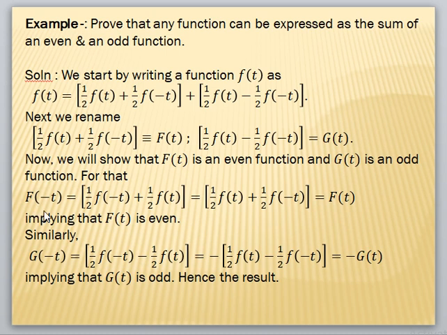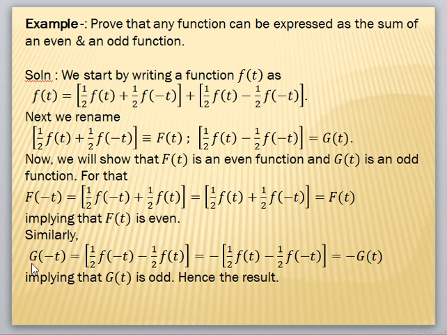Now consider capital G(t). Capital G(-t) is equal to half of f(-t) minus half of f(t), that is equal to minus of half f(t) minus half of f(-t), that is equal to minus G(t).